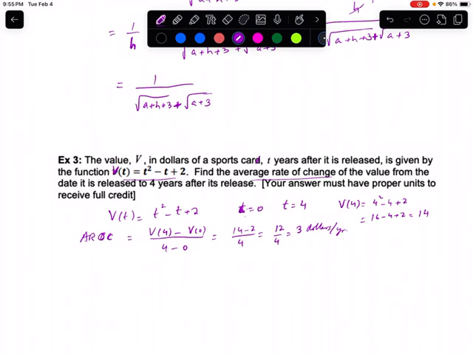So it is changing by $3. Every year it is increasing by $3. That is your answer. The average rate of change is 3. Because it's a positive 3, that means the value is increasing every year. Every year, how much is it increasing? By $3. Okay, so that's how we do these word problems. Okay, that is section 2.4.